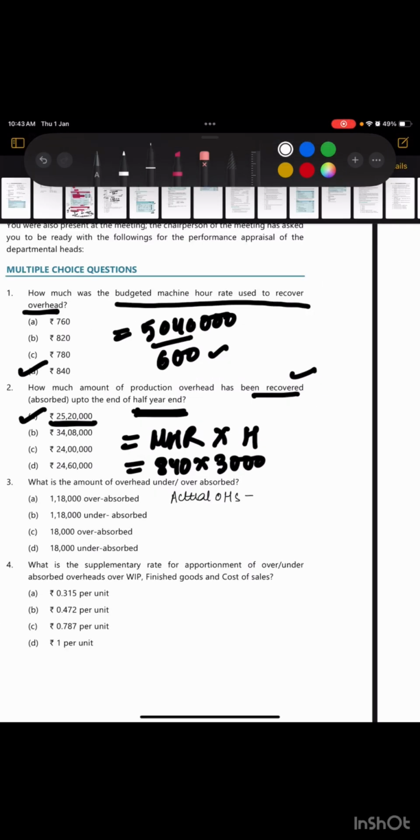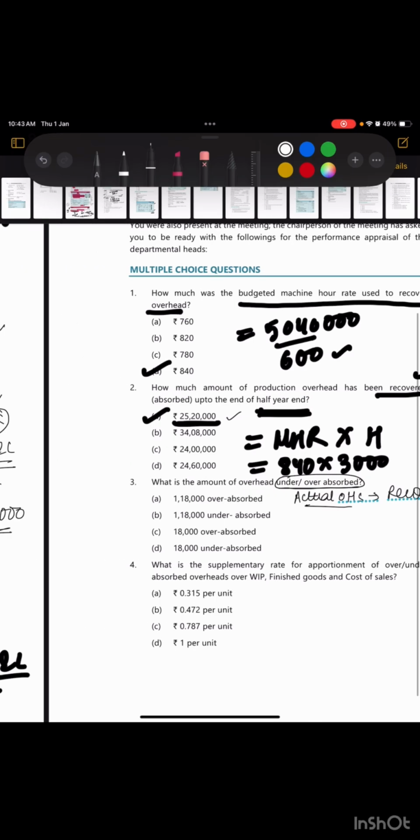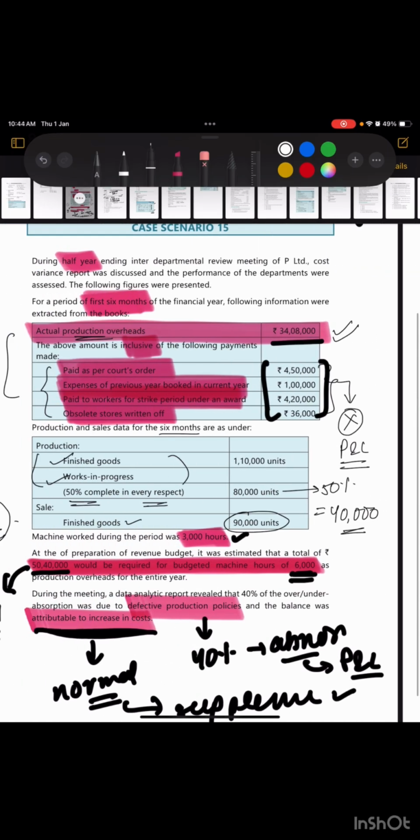Now the next question is, what is the amount of overheads which is over absorbed or under absorbed? Whenever we have to calculate under absorption and over absorption, we have to compare the actual overheads with the recovered overheads. The recovered overheads are 25,20,000, and the actual overheads given in the question are 34,08,000. But we need to deduct all of these figures because they will not be considered as overheads.